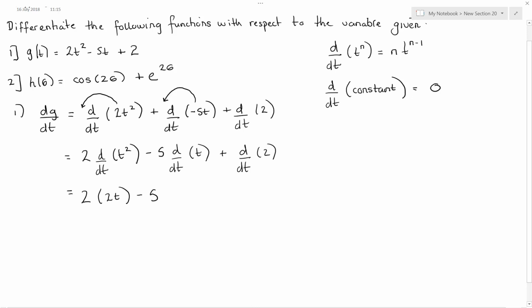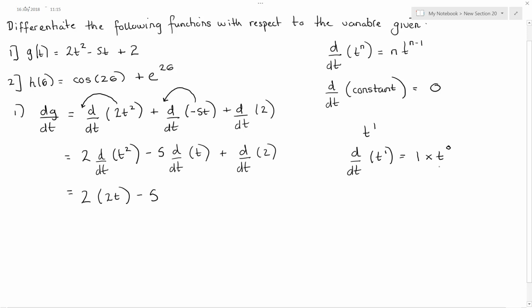Well, let's think about t for a second. T on its own is just t to the power of 1. So if I want to differentiate that, recall the rule, take the power down the front, so that would be 1 times t to the power of, take 1 off the power, so 1 minus 1 is 0.